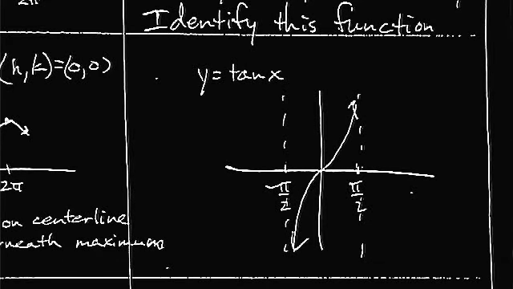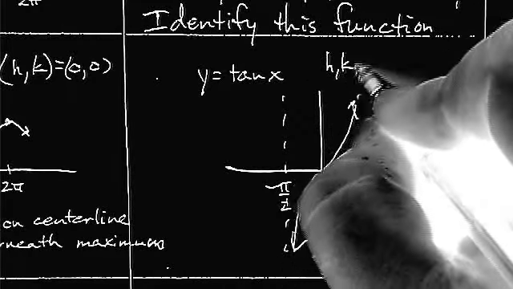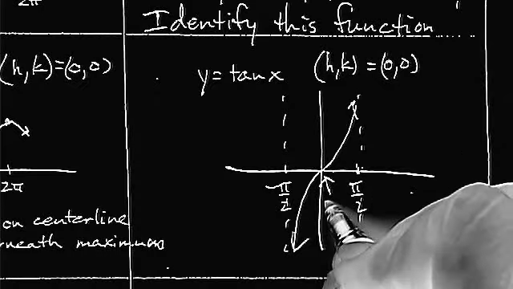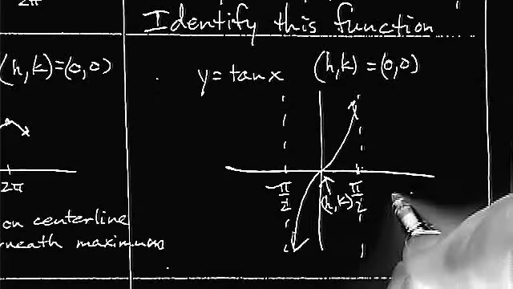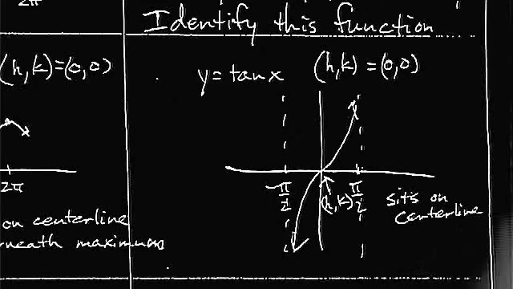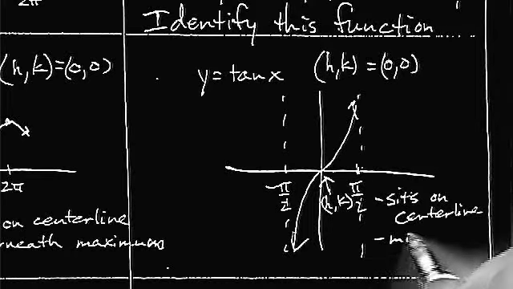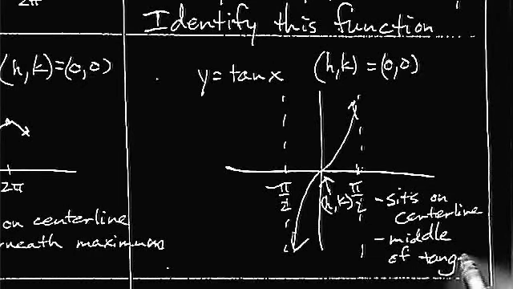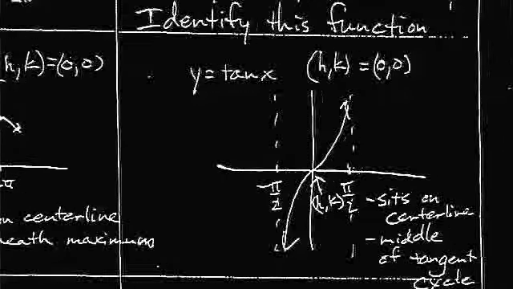Anyway, HK, right, still 0, 0 on a basic tangent function. Sits on the center line. Middle of the tangent cycle, for lack of a better term. Middle of the tangent cycle.